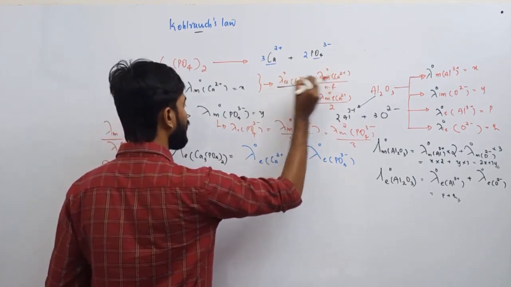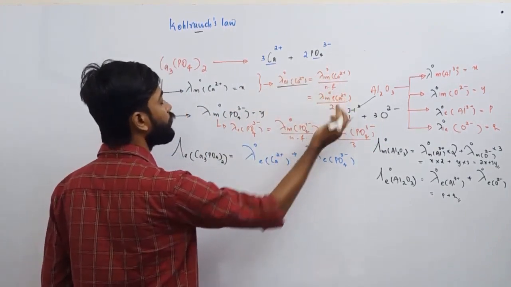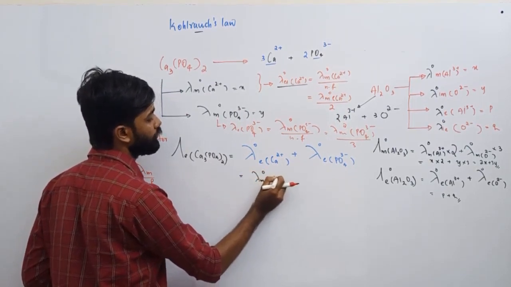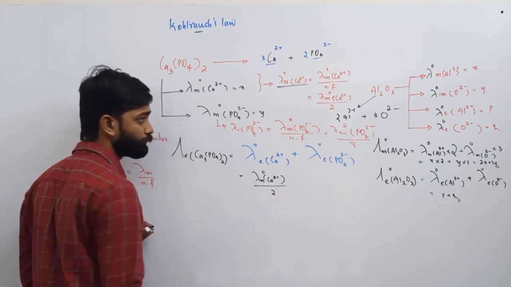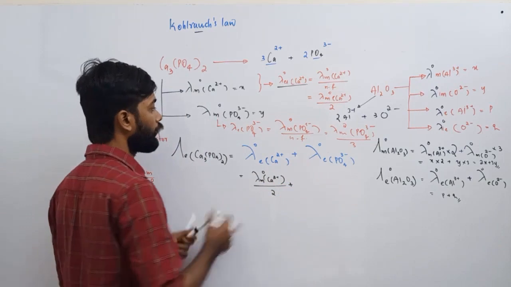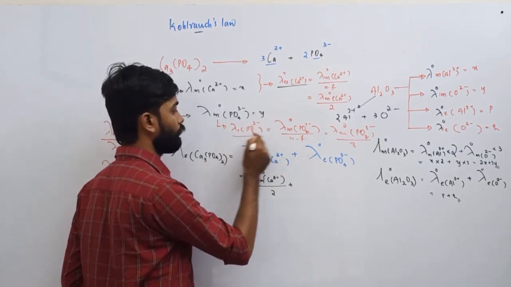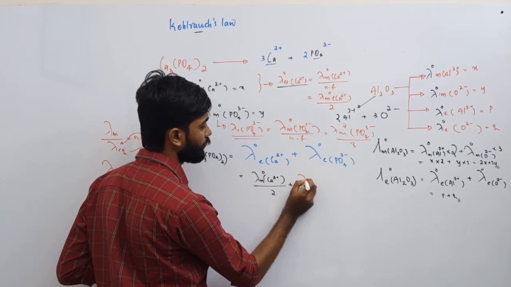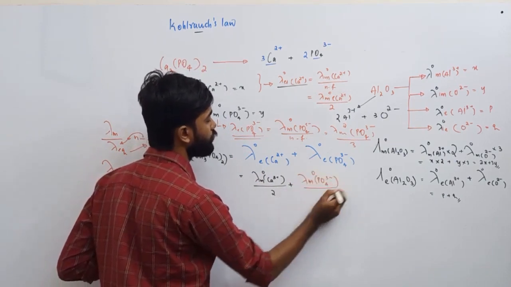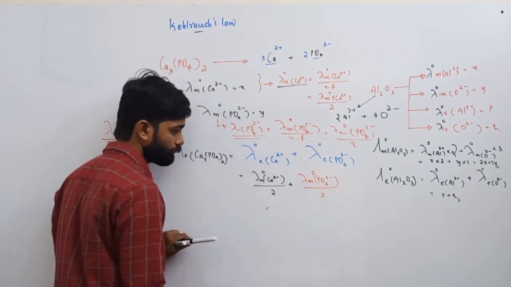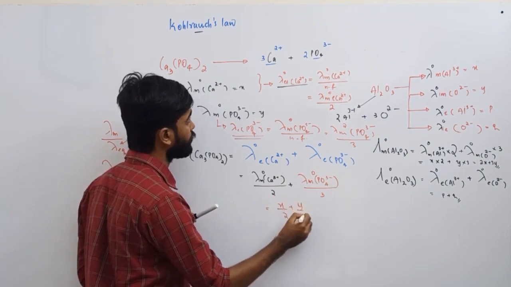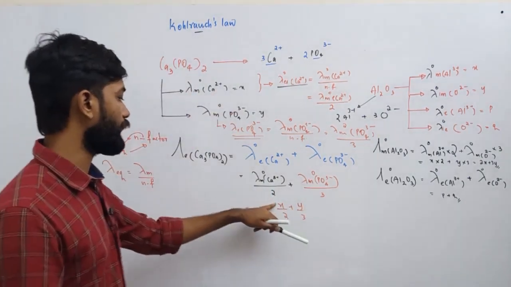I got limiting equivalent conductivity of Ca2+ as limiting molar conductivity of Ca2+ divided by 2, plus, tell me, limiting equivalent conductivity of PO4 3- in terms of molar conductivity. Limiting molar conductivity of PO4 3- divided by 3. So, this will be equal to x by 2 plus y by 3, right? Yeah.